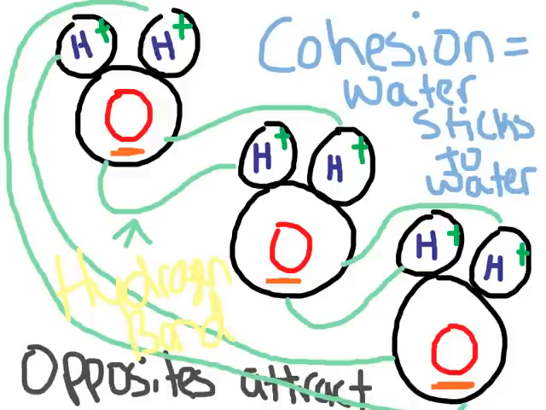So a hydrogen bond exists right here. Anywhere we have a green line drawn is a hydrogen bond. It is a bond between a positive hydrogen and another molecule, in this case our negative oxygen. And hydrogen bonds exist because opposites attract.